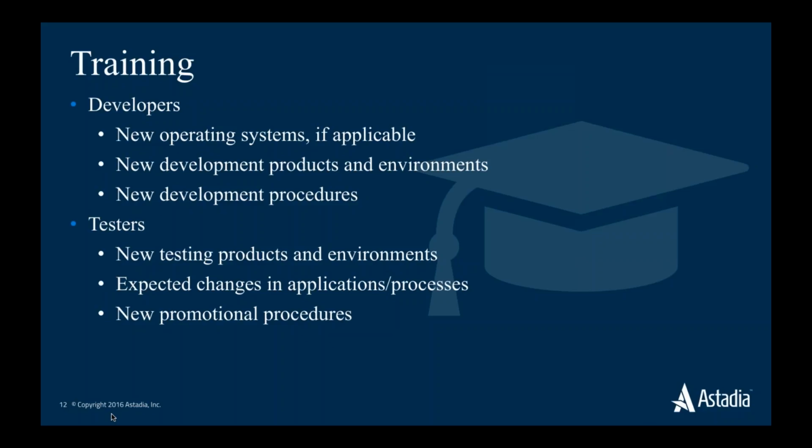But there will be some things that change. So perhaps some jobs may run in a different order, just by the nature of the modernization approach you've taken. Or maybe there have been some changes in the applications that were required. So perhaps some of the test results might look a little different than they did before. So the testers need to be trained on the expected changes in those processes and those applications.